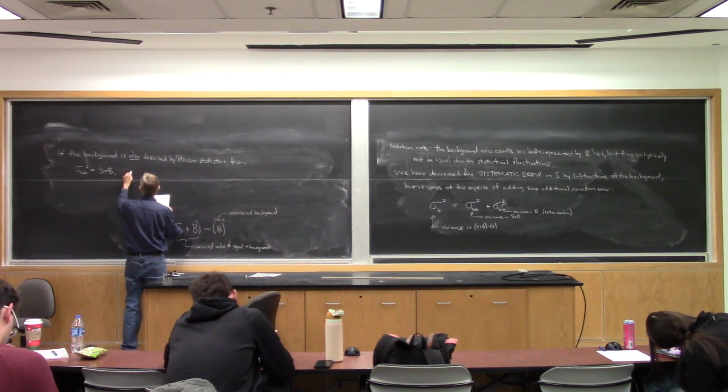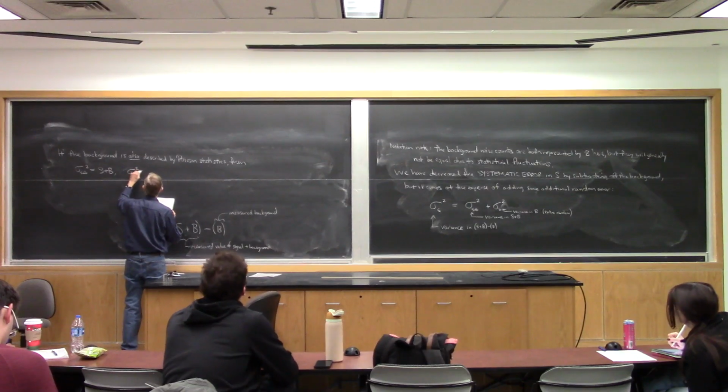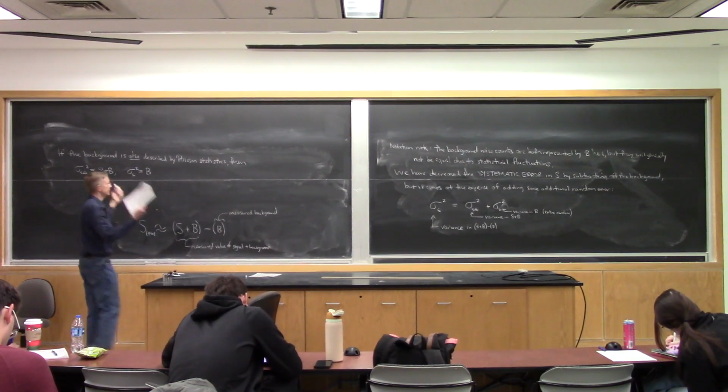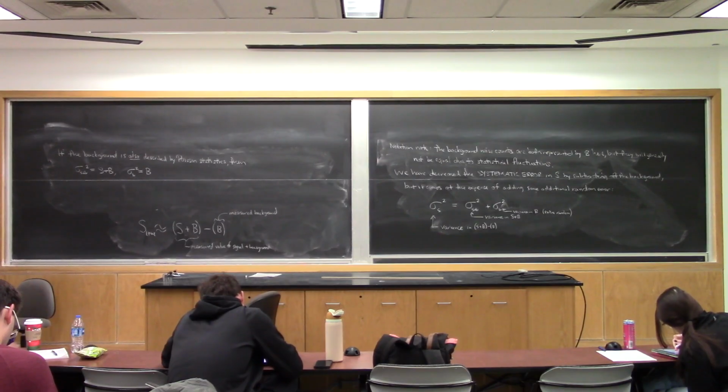And sigma squared of b is just b, because if you got b background counts, Poisson background counts, then its variance is b.